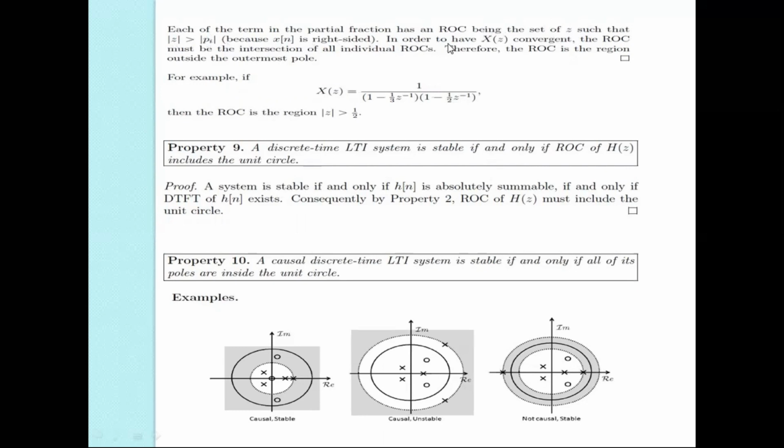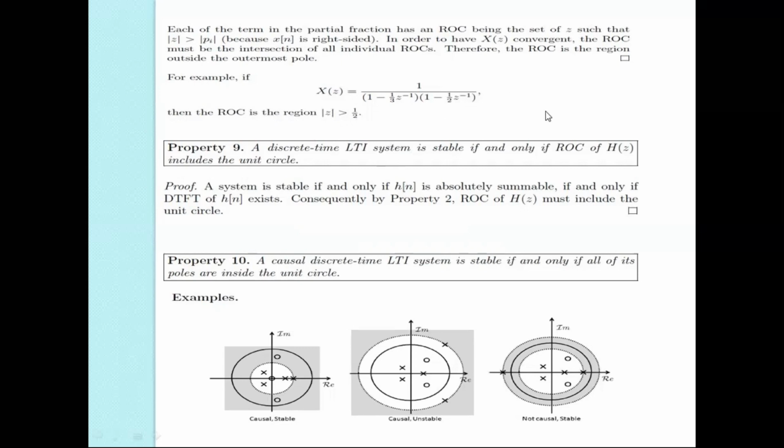In order to have X(z) convergent, the ROC must be the intersection of all individual ROCs. Therefore, the ROC is taken outside the outermost pole. Outside the outermost pole means 1 by 3 is less than 1 by 2, so you take the outermost pole only, the 1 by 2. Then the ROC is the region |z| greater than 1 by 2.